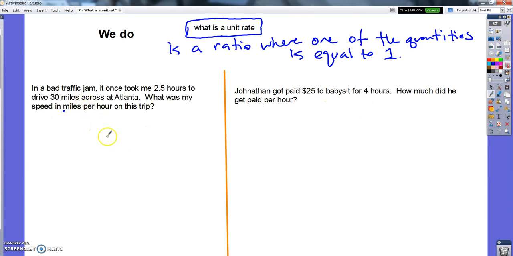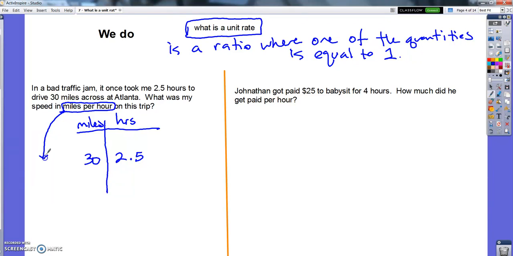All right, so let's imagine this situation. So I've got miles, and I've got hours, and I know that it took me on this trip 30 miles, took me 2.5 hours. So I'm looking for miles per hour, how many miles in 1 hour.